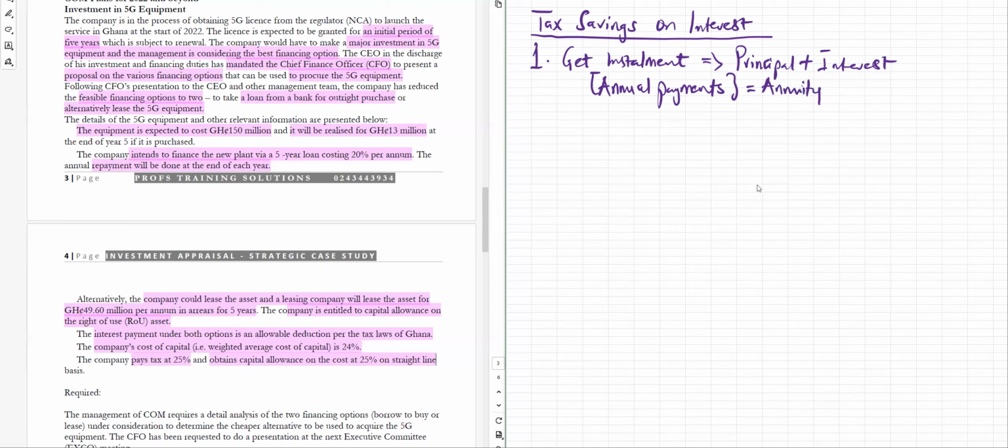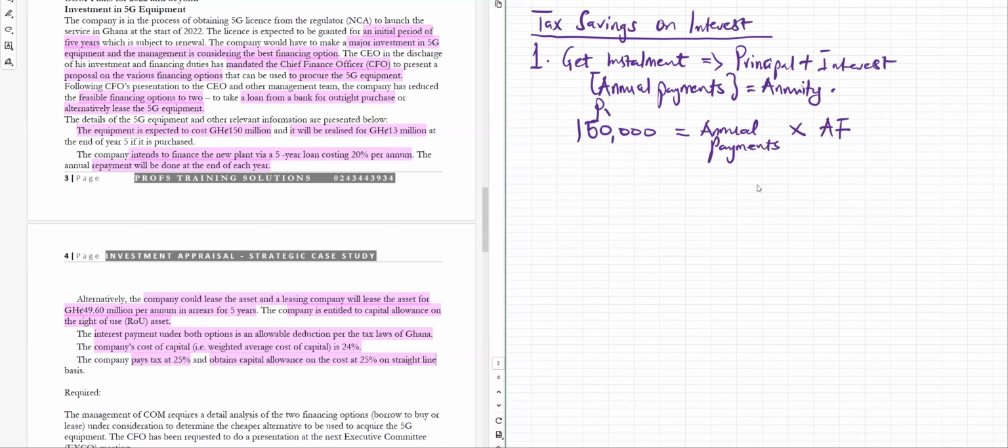Okay. So what you are saying is that, okay, the 150,000 asset that you have is equal to what? Some annual payments, okay, annual installments at some annuity factor, okay?